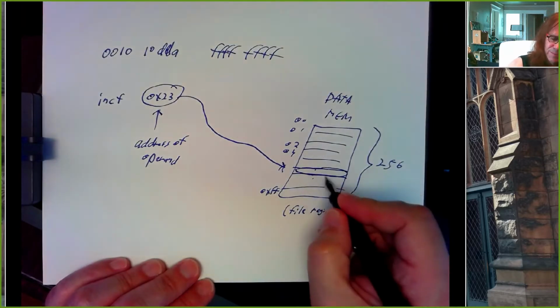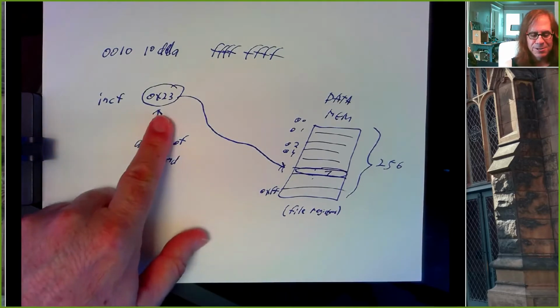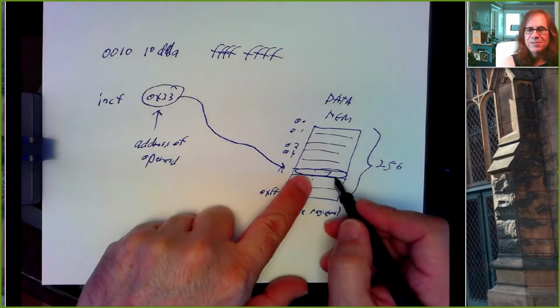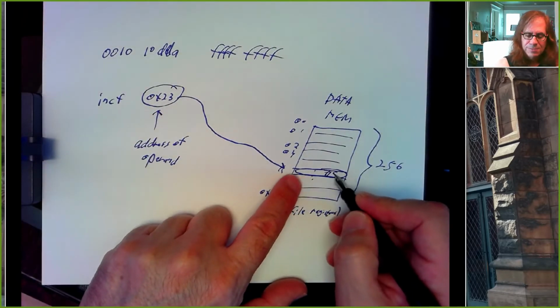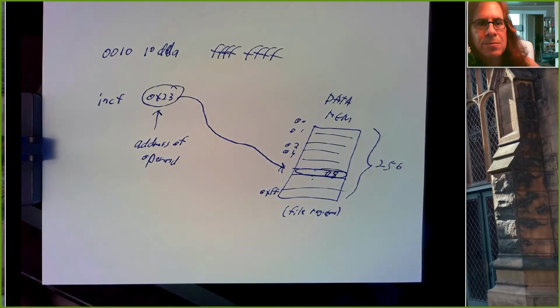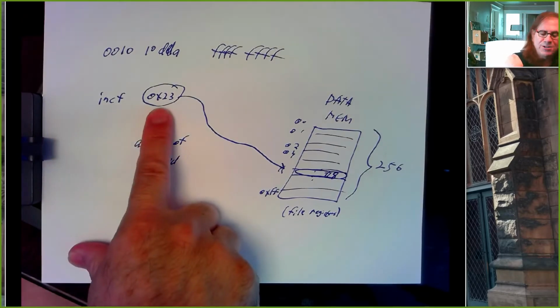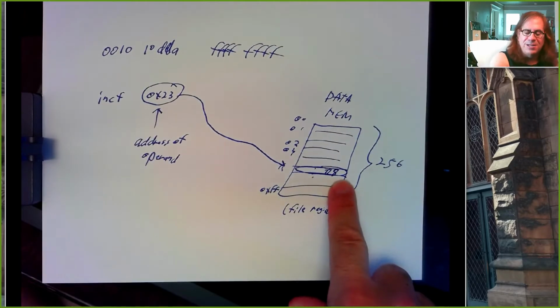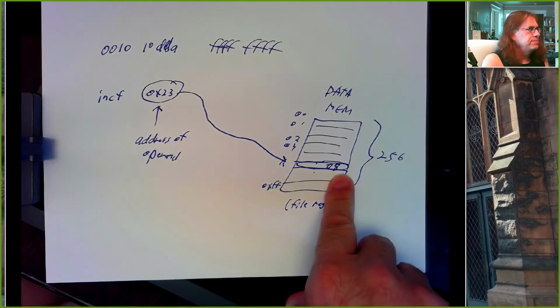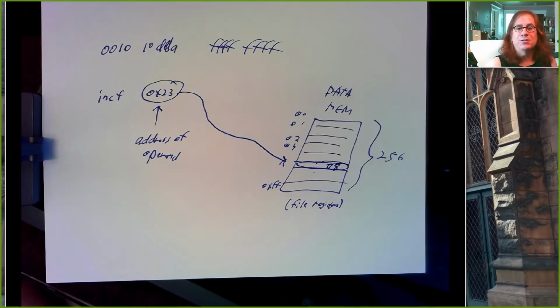If this has the number 7 in it, after you execute this instruction, the contents of this register changes to an 8. That's all an increment does. If I execute this instruction again and the contents is an 8 to begin with, it'll change to a 9. And it'll keep incrementing until it gets up to decimal 255, and if I increment 255, it'll roll over to 0.